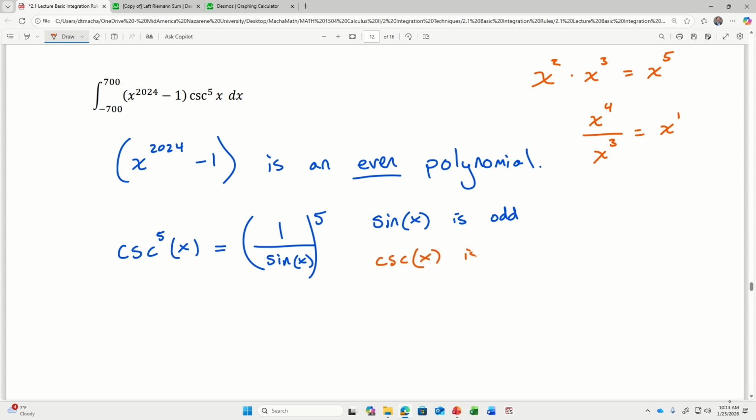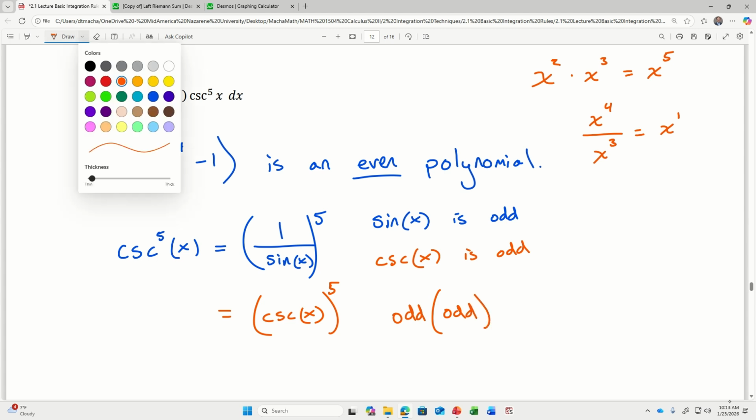And so what I have here then is cosecant x, an odd function, composed with something to the 5th power. In other words, I have an odd function composed with an odd function. I've got a little odd function composition.